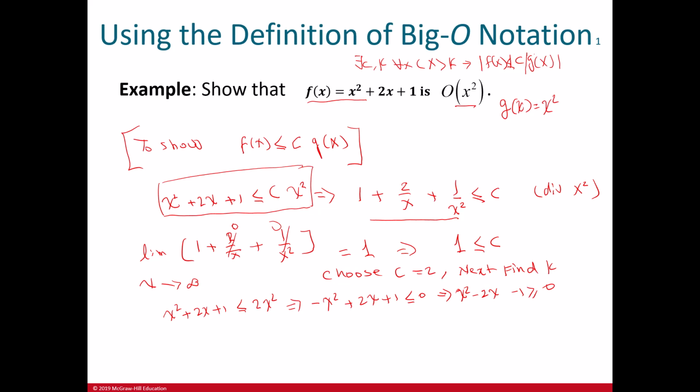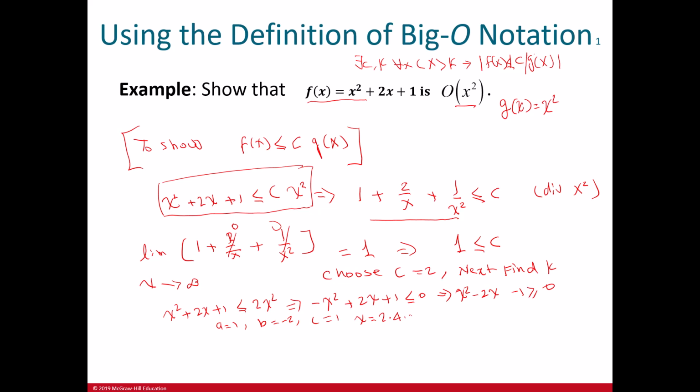Here a is 1, b is -2 and c is -1. When you do that, you will find some values. One of them is x equal to 2 point something, like 2.4, some number.